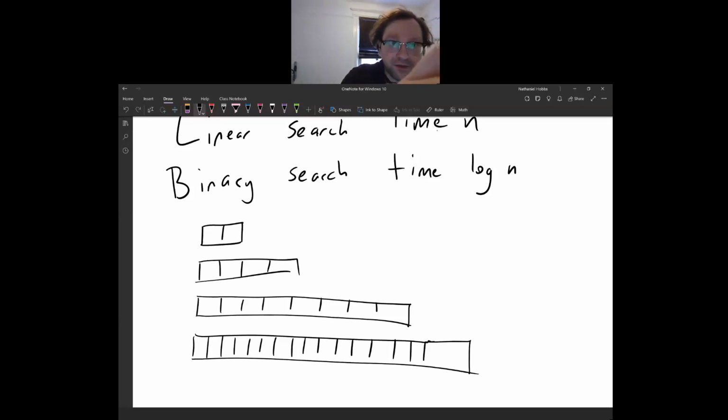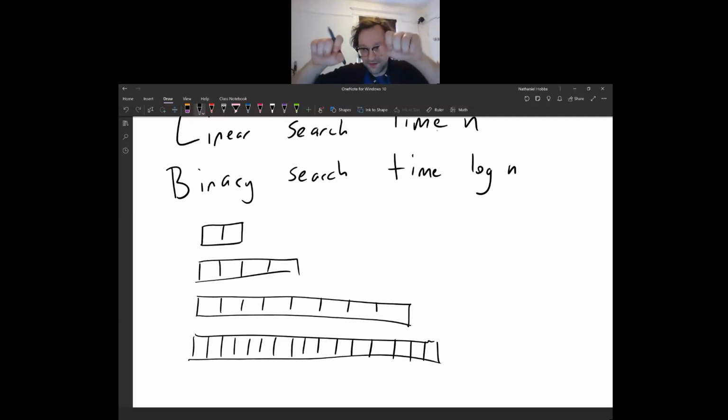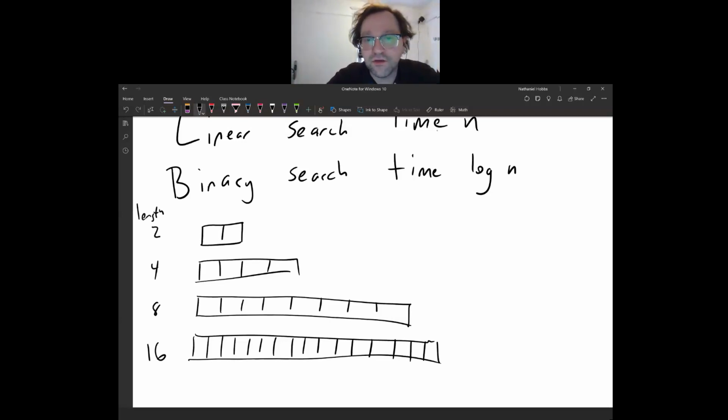Okay, sorry, it's a bit long. So this is of length 2, length 4, length 8, and length 16. How many times can we break each of these in half until we end up with just one element? In this case, we break it in half once. It has 2 pieces, you break it in half, and now you've already got your 1.